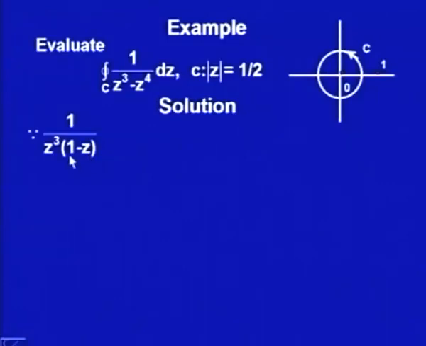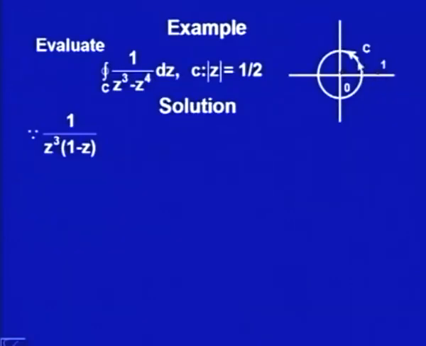We find that z equal to 1 and z equal to 0 are both singular points, and both are isolated singularities. Z equal to 0 is the origin, and z equal to 1 is a point on the real axis.